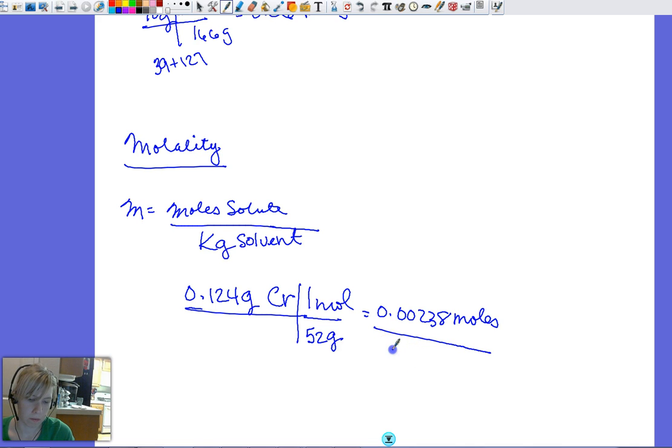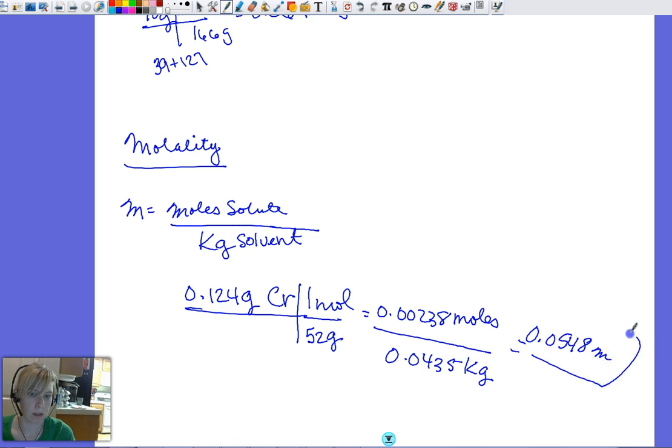Sorry, we're going to convert it to kilograms. So we have 0.0435 kilograms of iron. And that gives us a molality of 0.0548 molal.